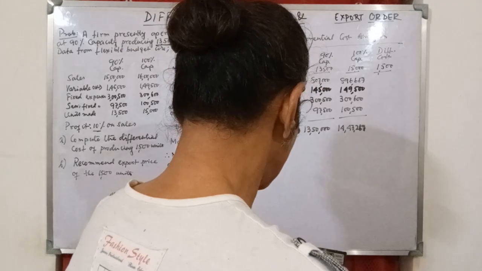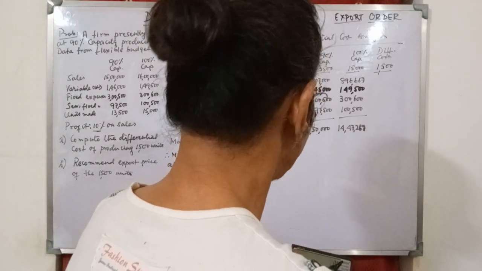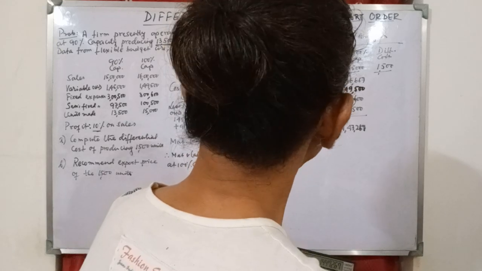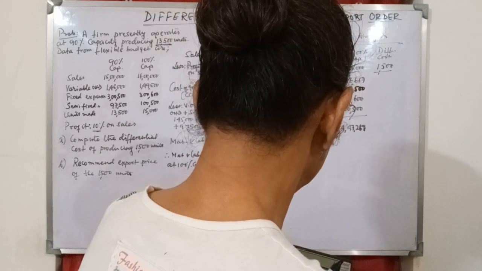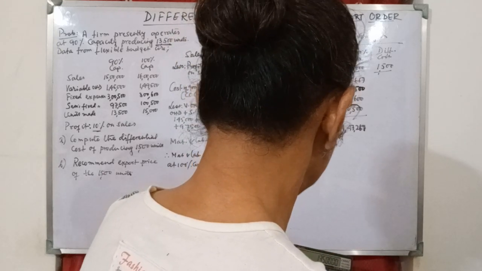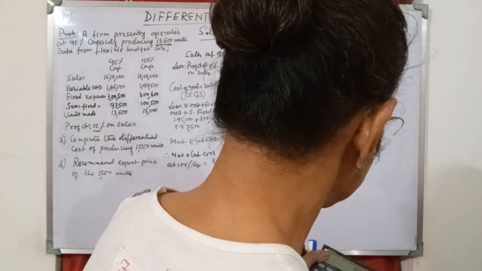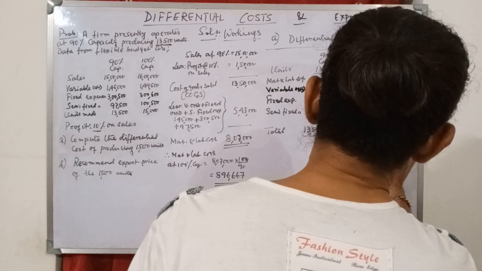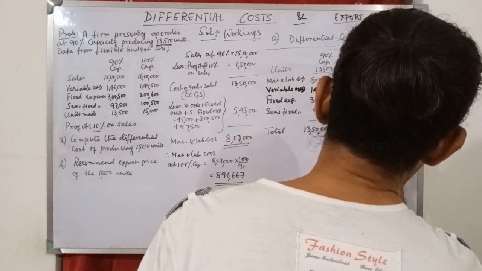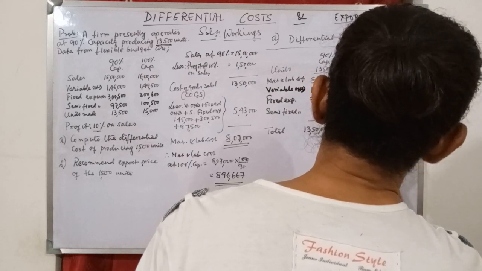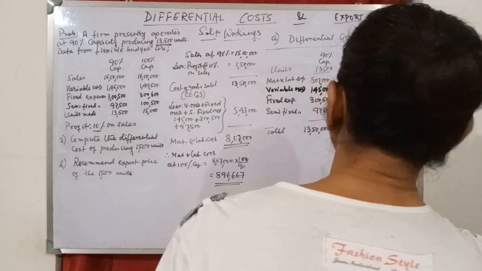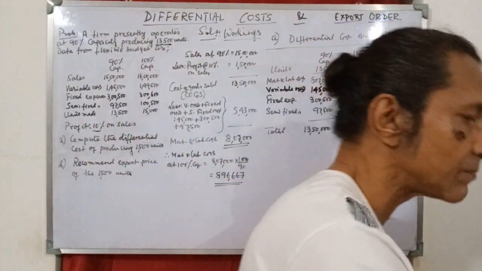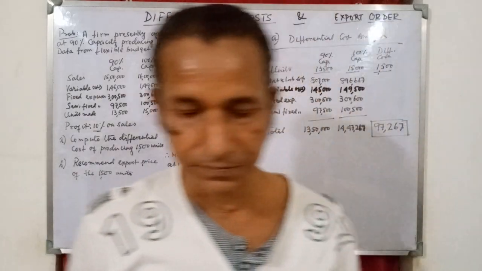So we get 14,47,267 minus 13,50,000. So we get 97,267. So 97,267 is the differential cost of producing the additional 1500 units by utilizing the idle capacity of the farm.